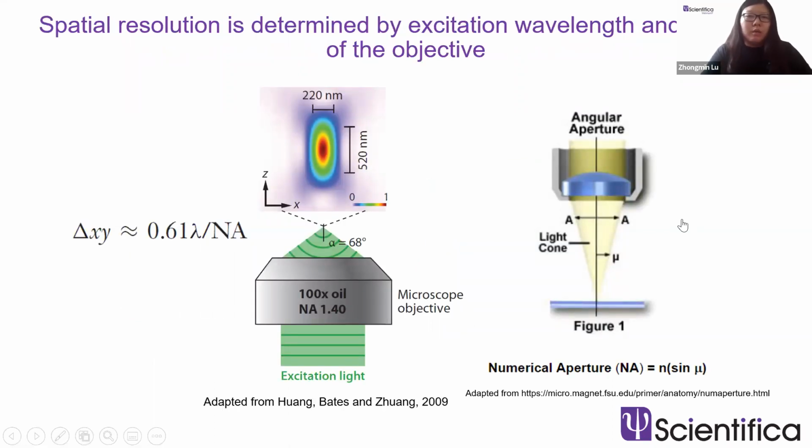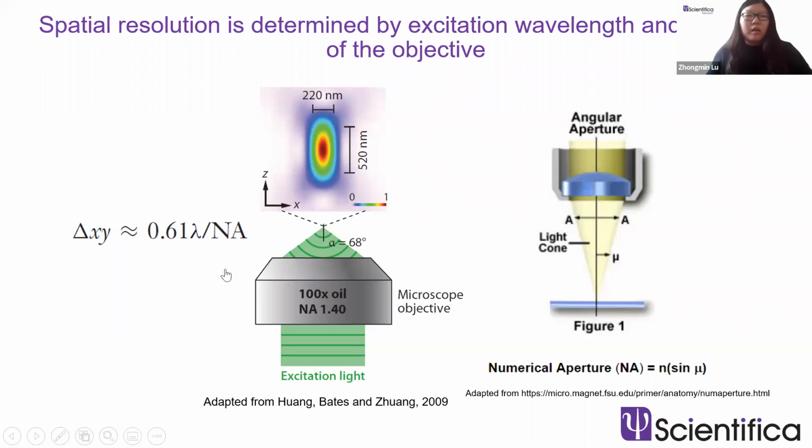Some audience members might already wonder, it seems like the spatial resolution is poor in multiphoton imaging compared with confocal imaging. Well, this is the approximate formula used for calculation of the lateral resolution. You can see 2 parameters here co-determine the spatial resolution. One is the excitation wavelength. Another is numerical aperture.